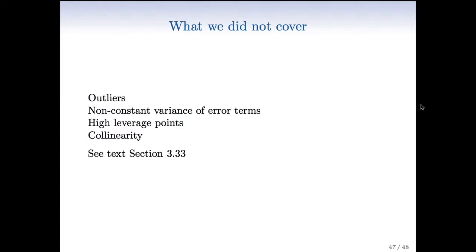And collinearity: if you have variables that are very correlated with each other, what happens if you include them in the model? So we're not going to cover those here, but they're covered in some detail in the book. And if you look at section 3.33, you'll find coverage on that.